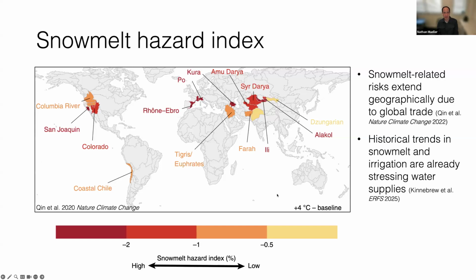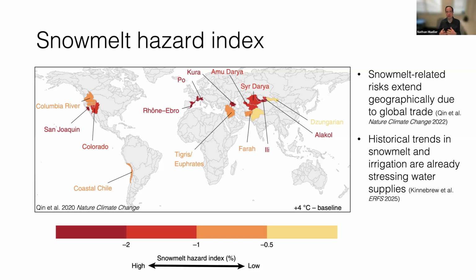And we can map out those places across the world. And what we see is that the Western US really pops out. Parts of Southern Europe and Central Asia are kind of these snowmelt risk hotspots for irrigated agriculture. And then in some subsequent studies, we looked at how these risks extend geographically due to global trade.